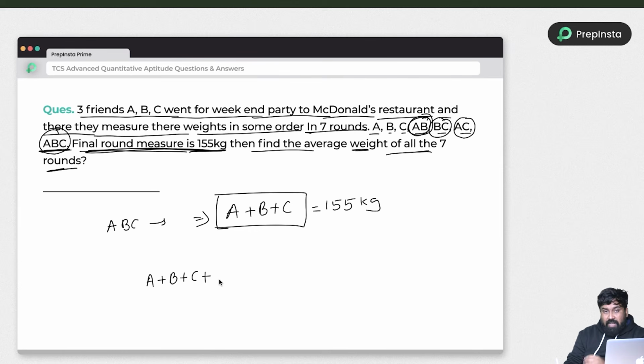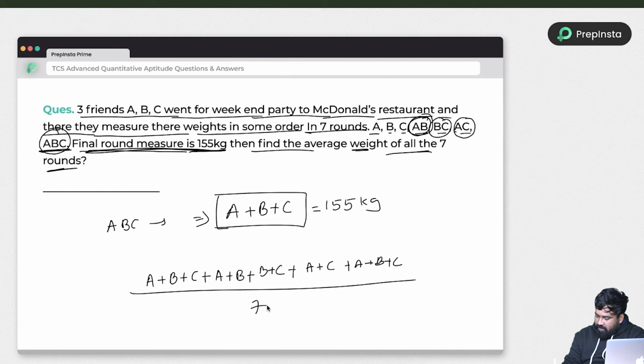You don't have to write AB, you have to write A plus B. Why? Because weights will be added, they won't get multiplied. So BC means B plus C, AC means A plus C, and the last ABC means A plus B plus C, divided by 7.